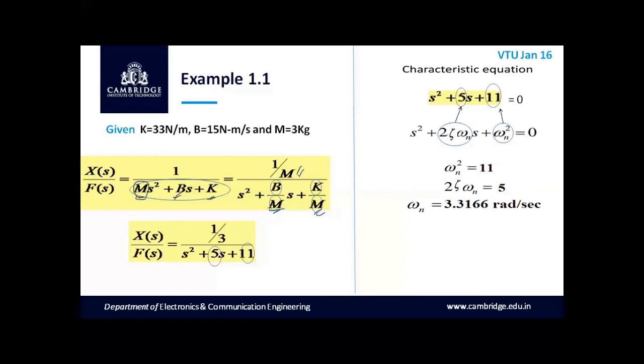And by this comparison, we have 2 zeta omega n equal to 5, and once we substitute omega n equal to 3.316, we can obtain zeta as 0.7537. Make a note of it. Omega n unit is radian per second and zeta does not have any unit as it is a ratio.